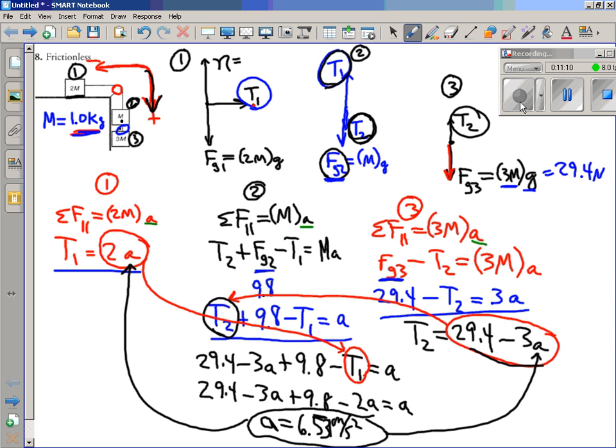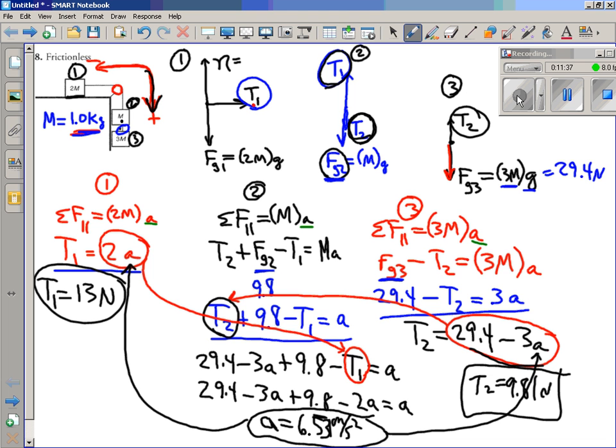You should get T1 equals 13 newtons, and T2, when you plug in the value for a, equals 9.81 newtons. So that's what you're looking for.